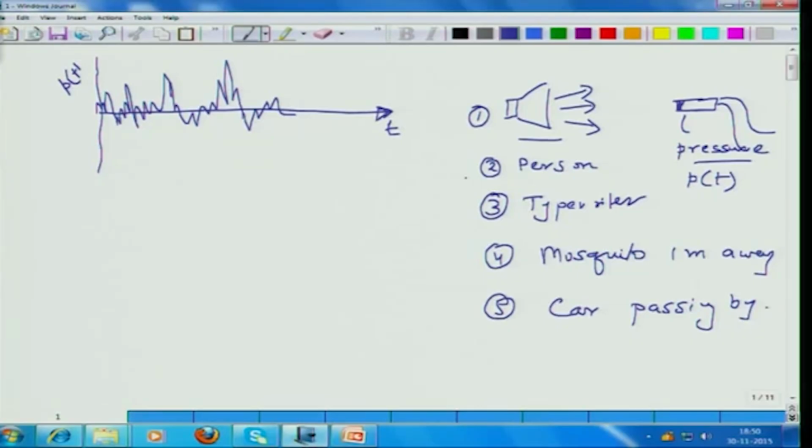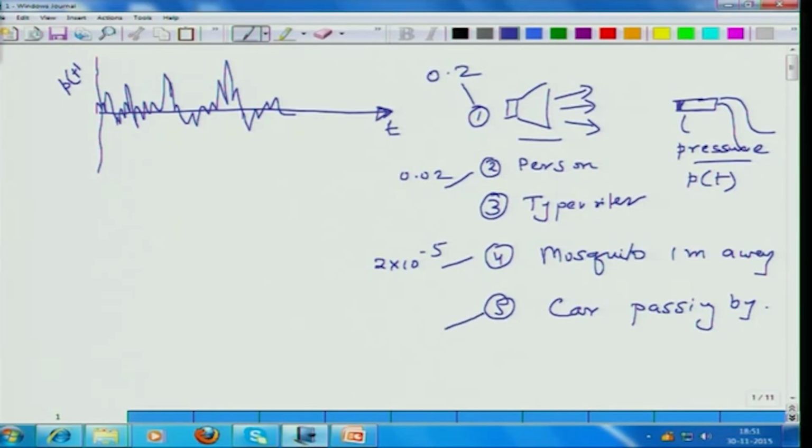So I will just write down these numbers. In case of a person, the typical pressure level would be 0.02 pascals. In case of a mosquito, it will be 2 times 10 to the power of minus 5 pascals. If it is a typewriter or a TV, then it would be in the range of 0.2 pascals.